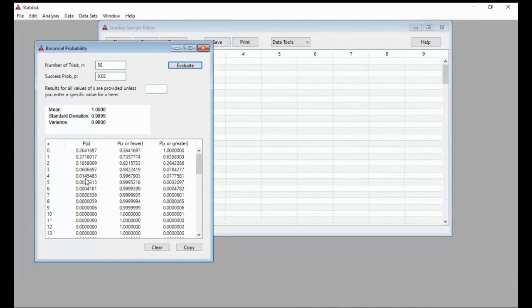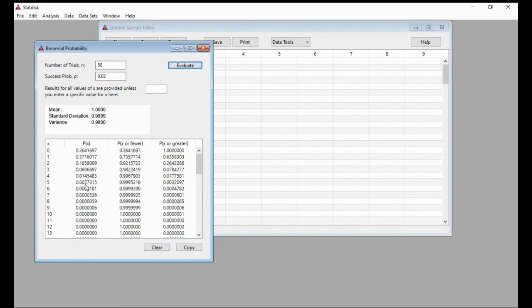When you go to four, you get 1%, and five is less than 1%, 0.20%, which is very small.